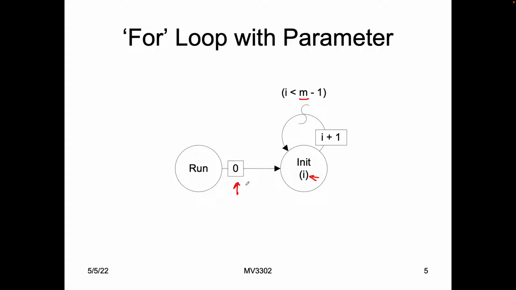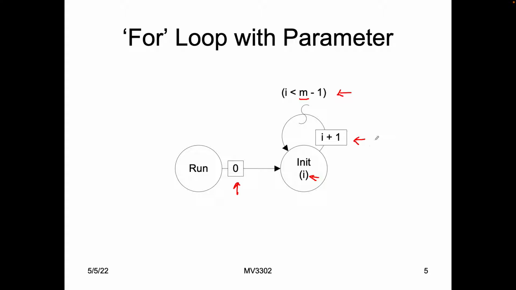So we're going to start at 0. So 0 is an expression. But then when init occurs, it takes its argument I and schedules itself passing I plus 1. And the Boolean condition is that I is less than m minus 1. So if you were to execute this, then the init event would happen exactly m times.